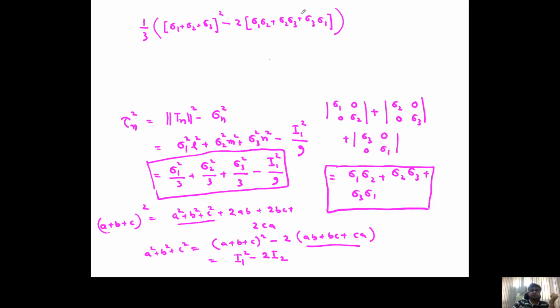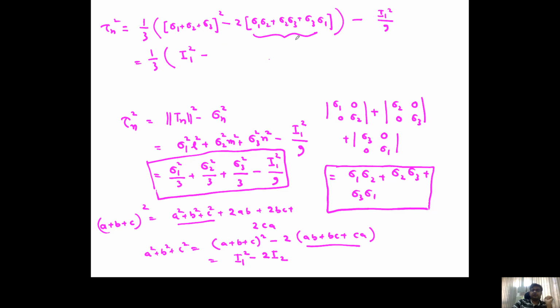And then what do I have? Minus I1 square by 9. And remember, this is tau n square, not tau n. So now when I write it, 1 by 3 is there. Inside the bracket, what do I have? This is I1 square.